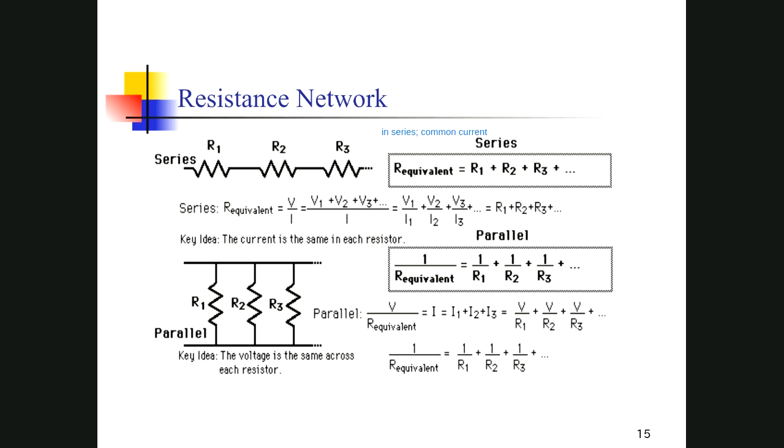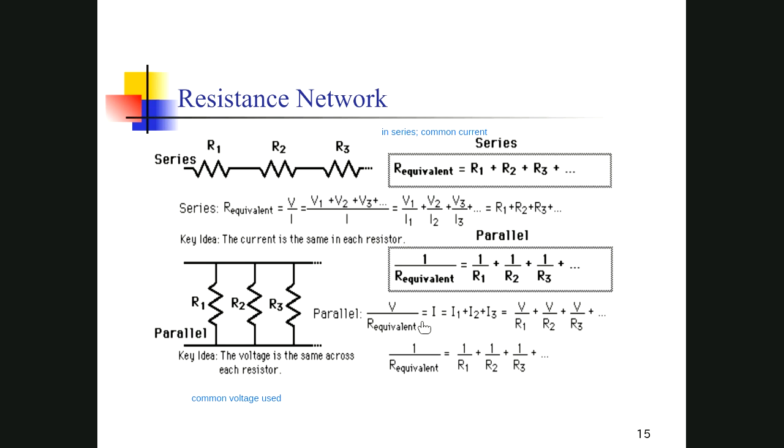That's it. Now, in the parallel case, a common voltage is used. That means the voltage across R1, R2, R3 is the same, but the currents through R1, R2, R3 are different. You know Ohm's law.